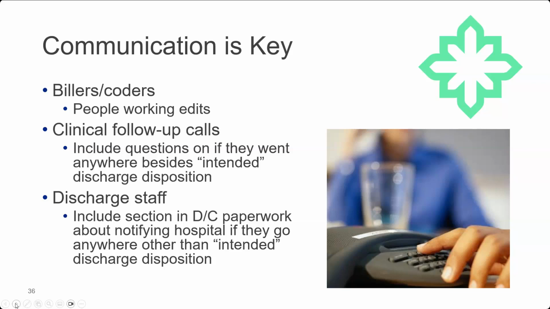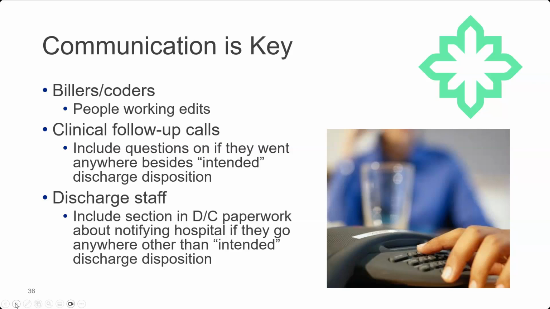So another tip is to include additional information in the discharge paperwork that the nursing staff reviews with the patient upon discharge, and usually patient and family members, if the family members are present.